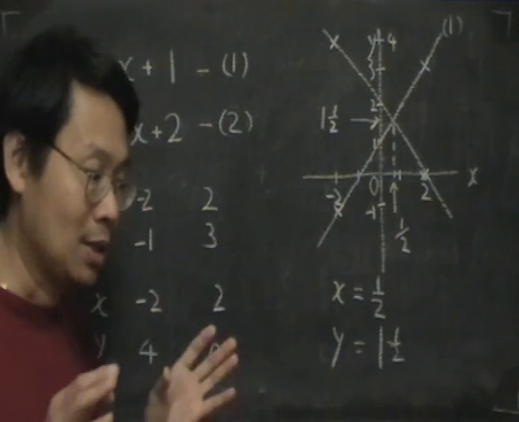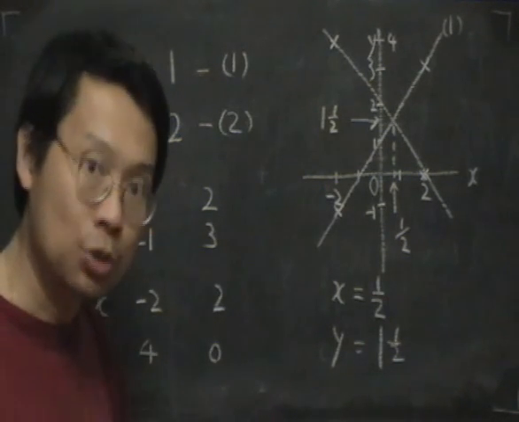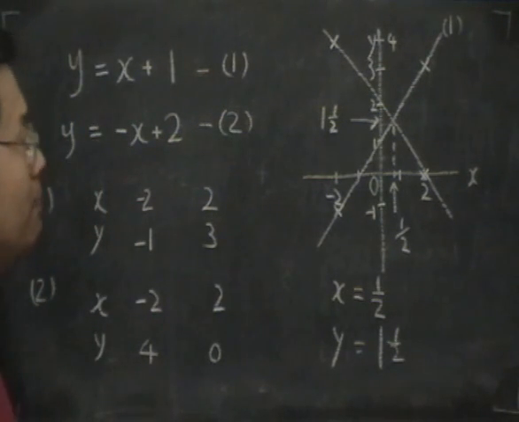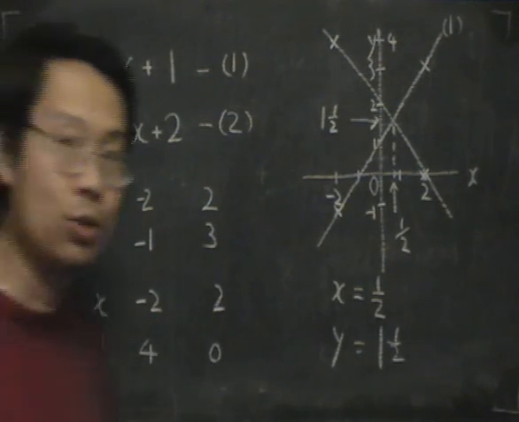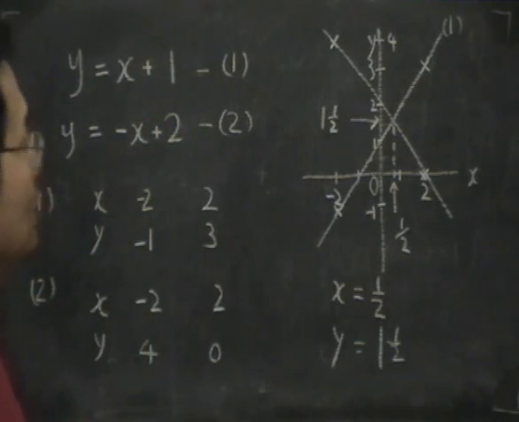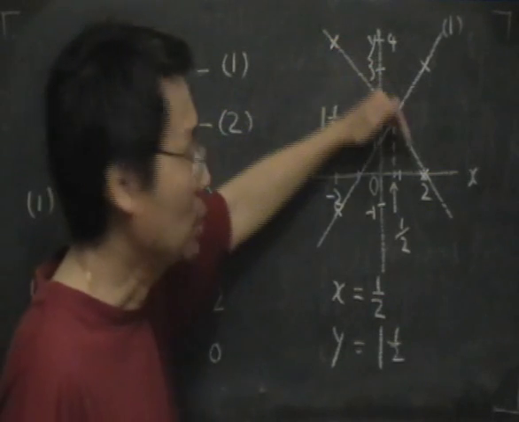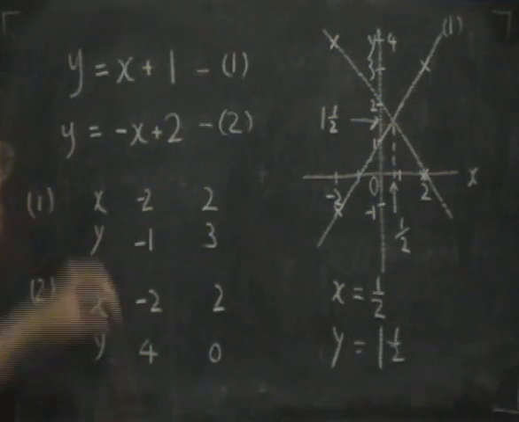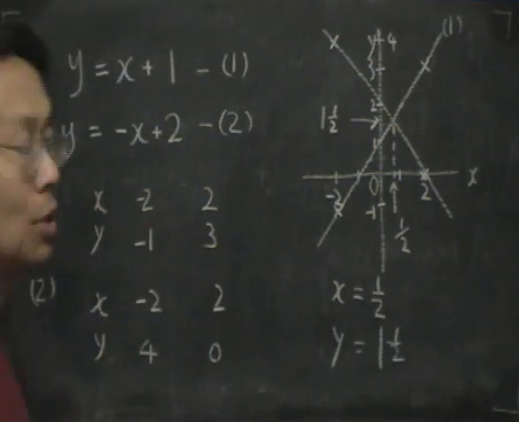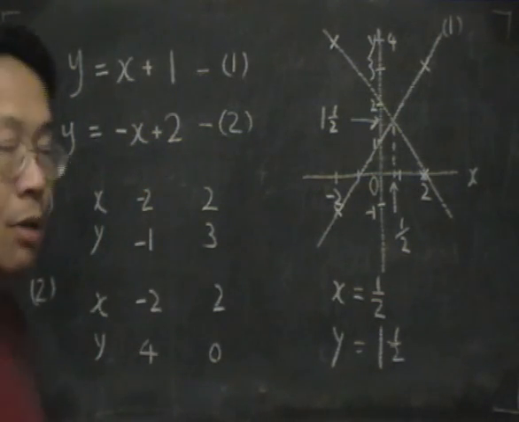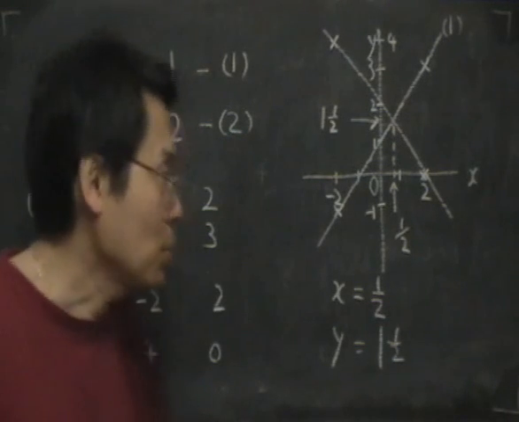In other words, that x and y value must be a solution to this equation. Okay? So far so good. So that means the points along each graph represent a solution to the equation where it comes from. Now let's go to the point of intersection.